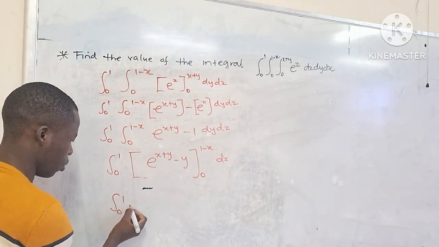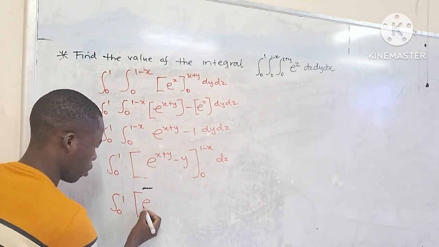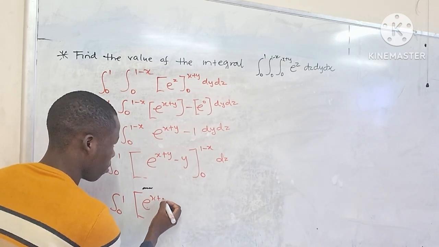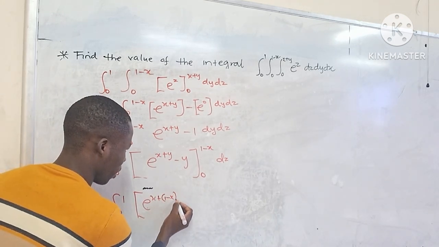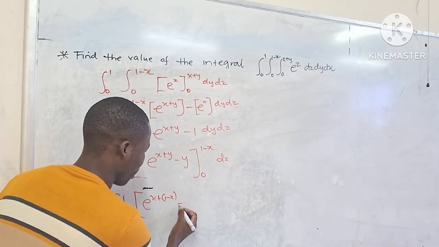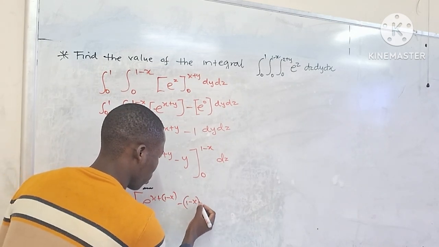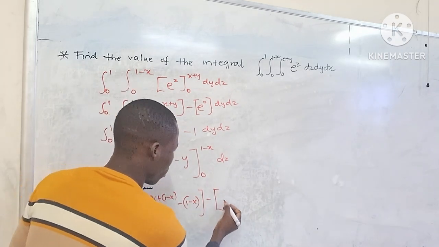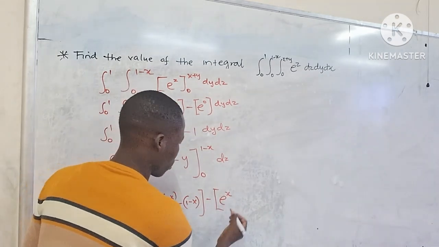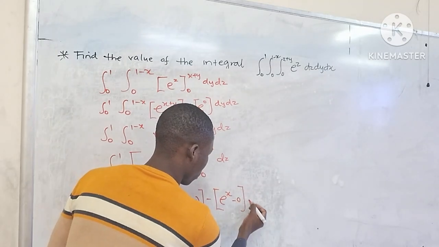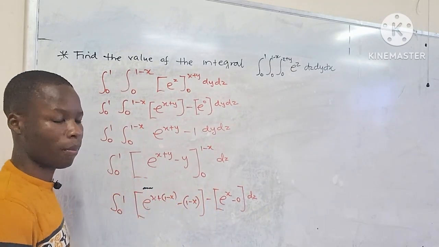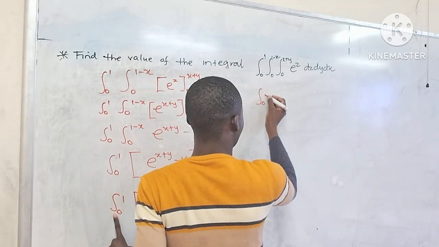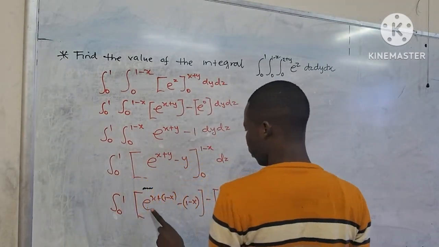The integral from 0 up to 1, e to the power x plus 1 minus x, minus 1 minus x, minus e to the power x subtract 0, dx. Okay, let's simplify. This is the integral from 0 up to 1.